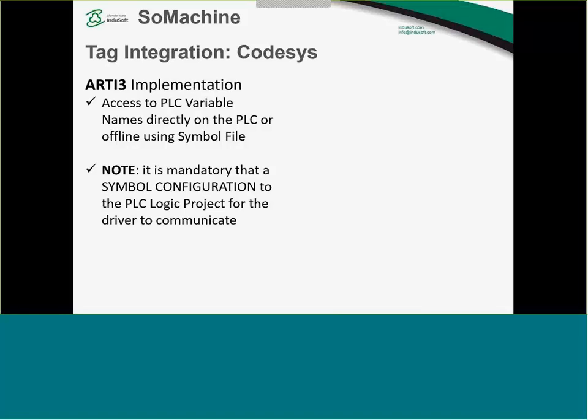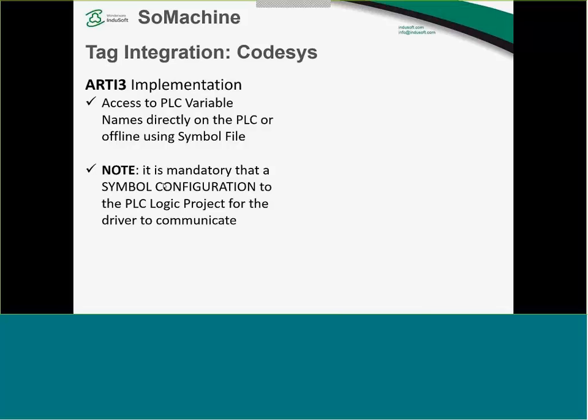Note, it's mandatory when you're configuring your projects to configure a symbol configuration on your SO machine project. When you're configuring the project, you create variables, and you have to add a symbol configuration, and that's for anything using PLC Handler. It's not only the case for InduSoft with SO machine.